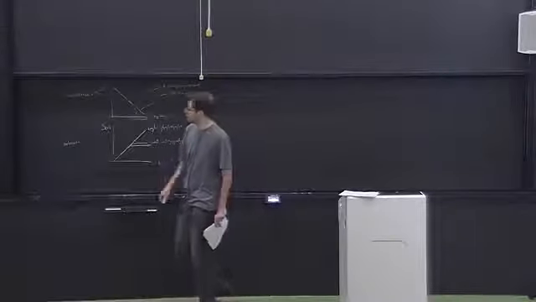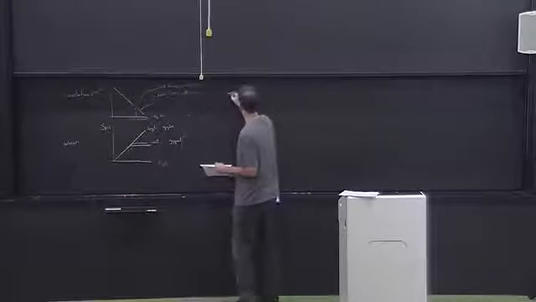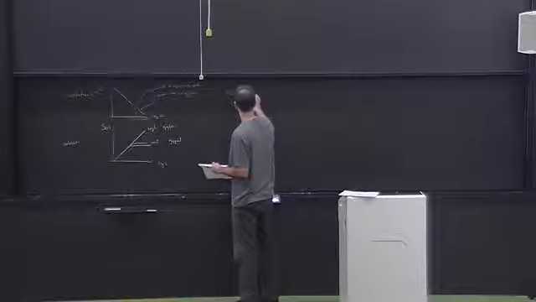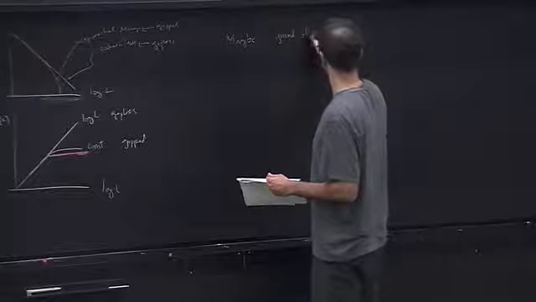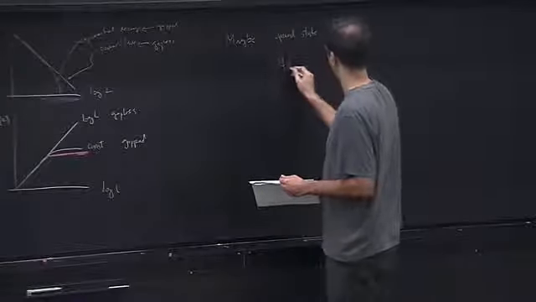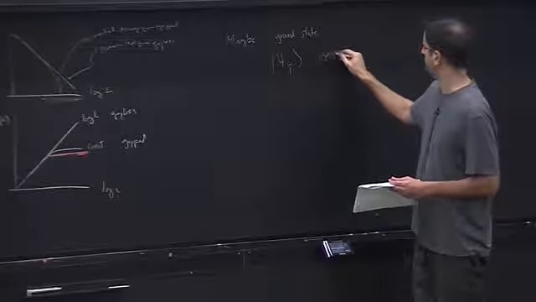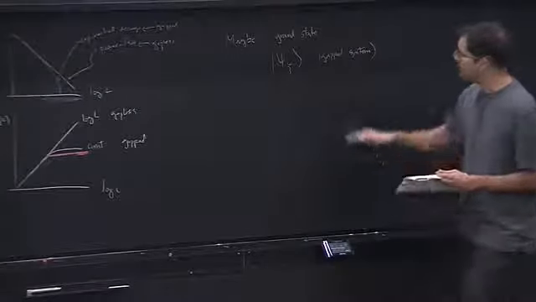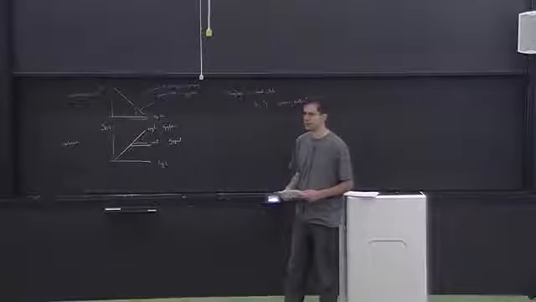So maybe if we have a gapped system, if we have a ground state with a finite correlation length, maybe our quantum circuit will be able to reproduce its properties accurately, maybe.